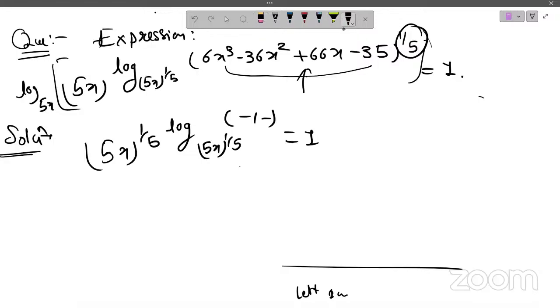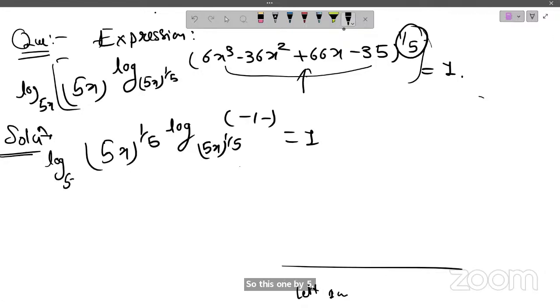The base is 5x to the power 1 by 5, right? You can take that out and say 5 multiplied by 1 by 5, essentially 1 by 5 and 5 get cancelled. But this also will give something, so overall we have that this polynomial expression equals 1.